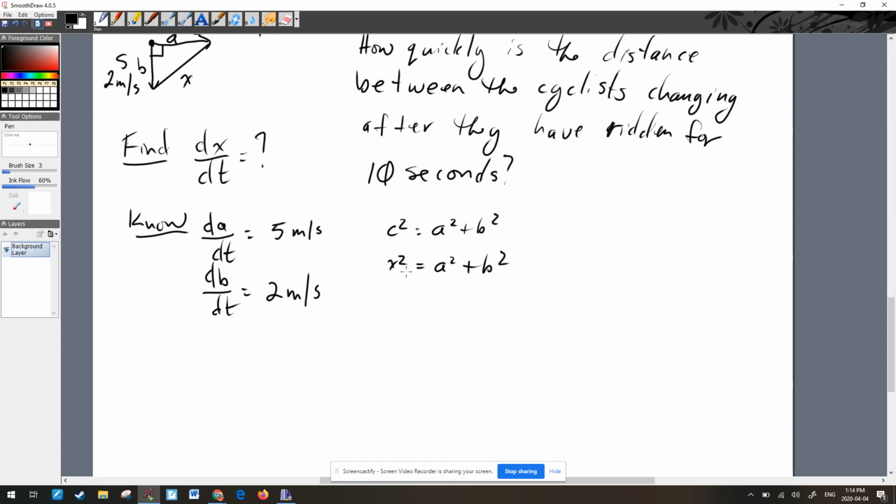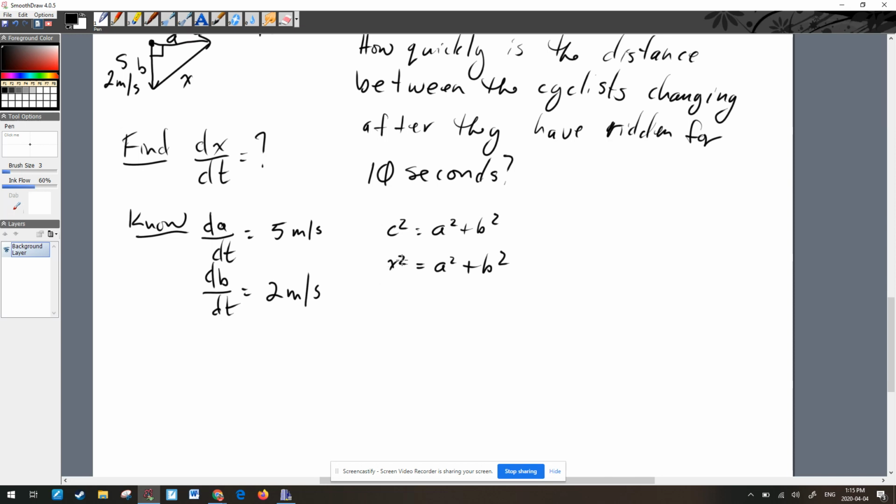Historically, when we did problems like this, we would have to take the square root and isolate for the quantity we're looking for. But what's cool here is that I don't need to do that, because I can differentiate with respect to time right away.